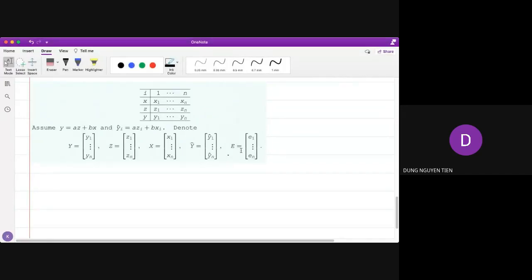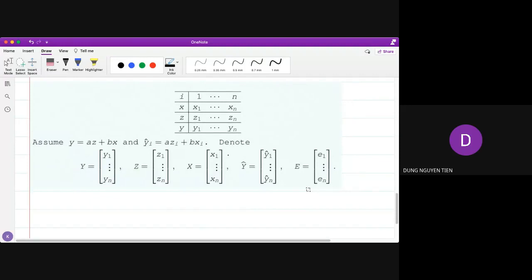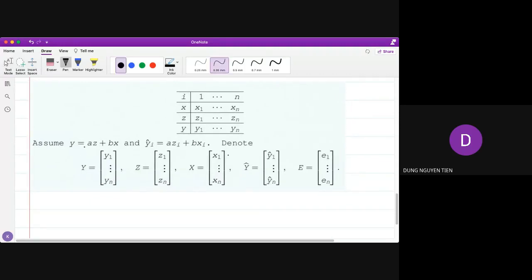All right, so let's have a look at this. You see that y is az plus bx. Then y hat is azi plus bxi. So if you rewrite this equation as an equation of matrices and vectors, you can come up with y hat equals a times zi plus b times xi.